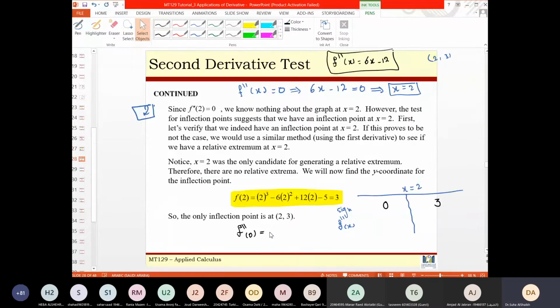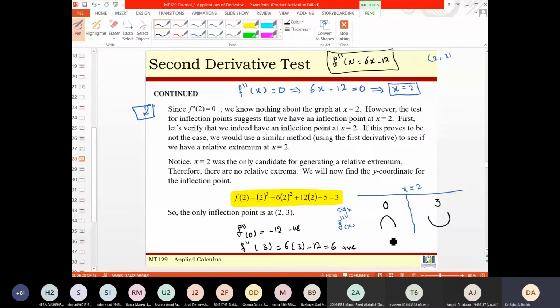Yeah. It's negative, so it is concave down here. F double dash at 3 equals 6 multiplied by 3, 18 minus 12, so it's equal to 6 here, positive. So it is concave up.